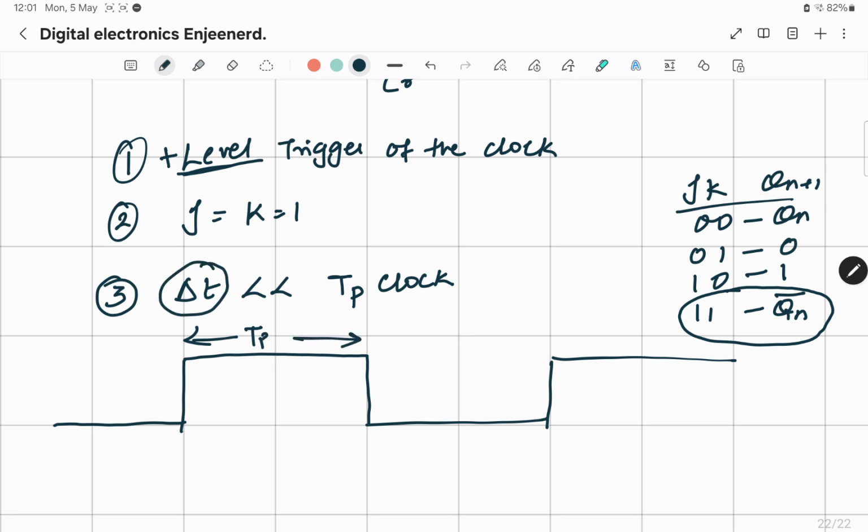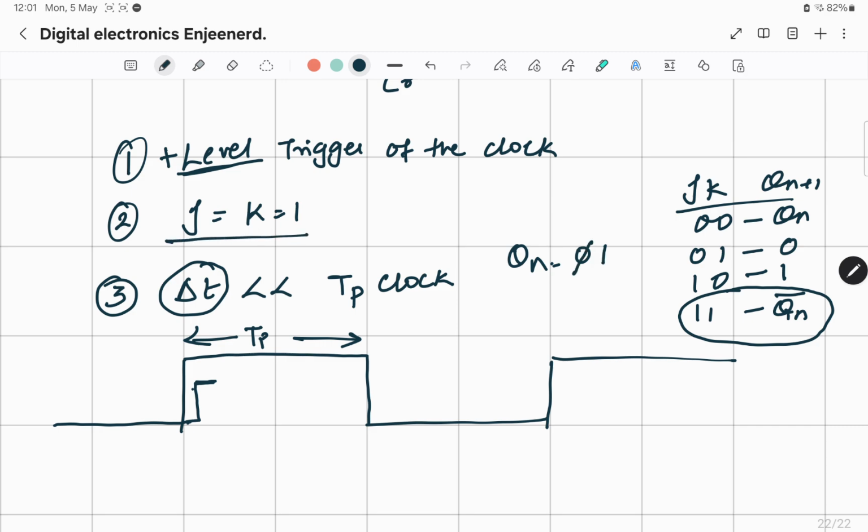The time taken to show the output from input to output, right? So initially say the output Qn is equal to 0. If it is 0, for J equal to K equal to 1, what is my Qn bar? It is the complement, so it will become 1. So my new output became 1.